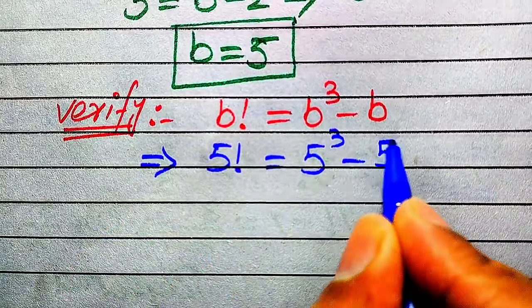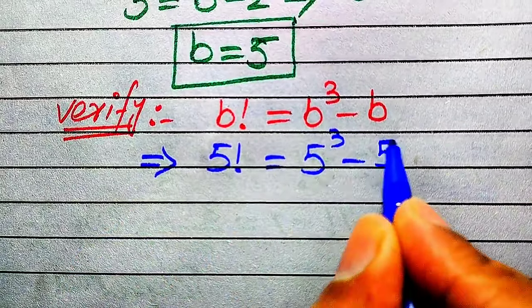And you know that 5 factorial means we multiply 5, 4, 3, 2 and 1, and 5 cubed means 125, and minus 5. So when you multiply all of these values we get 120 equals 120. So this means that both sides are equal when we take b equals 5.